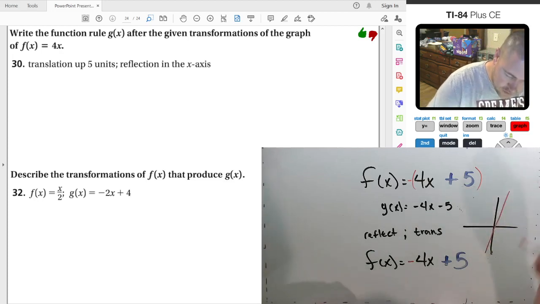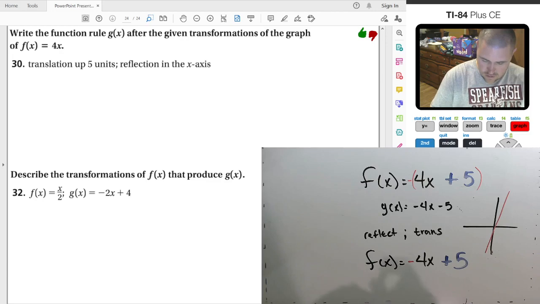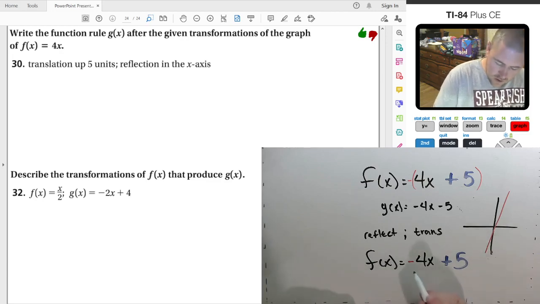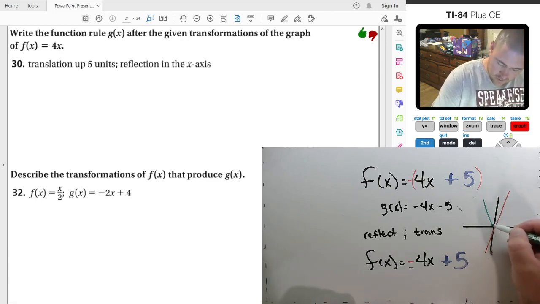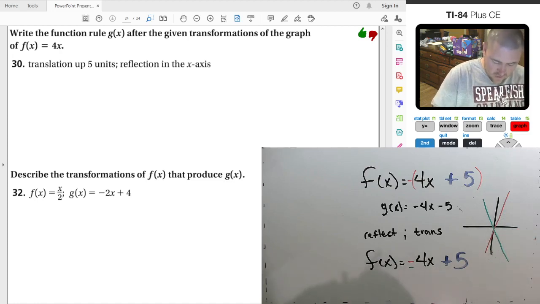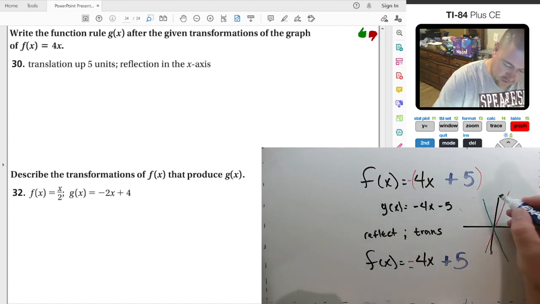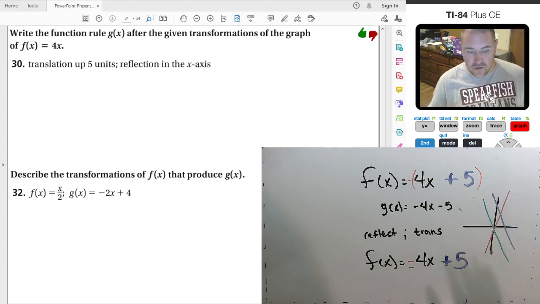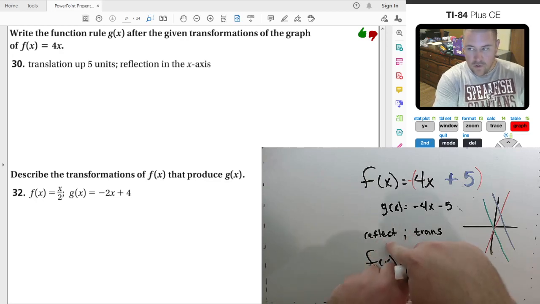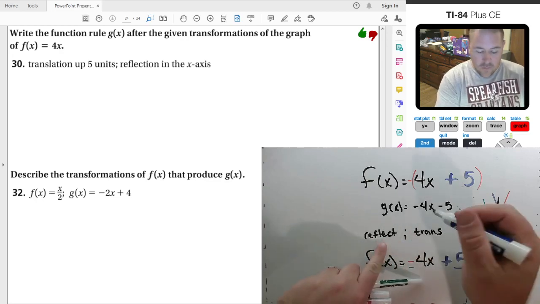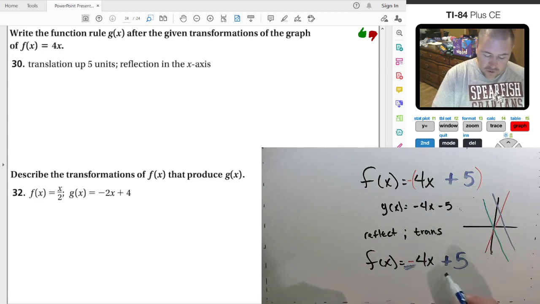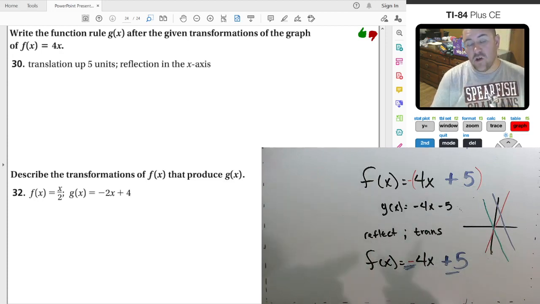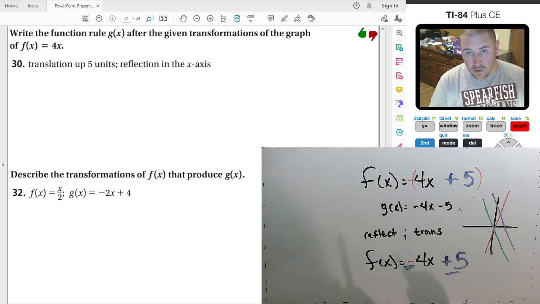Is original, reflected, then up 5. You see how it ends up in a completely different spot because of the order that I say them in. Because multiplication and addition are not commutative with each other, so the order I say them in matters. We're going to get to that again when we do composition of functions.